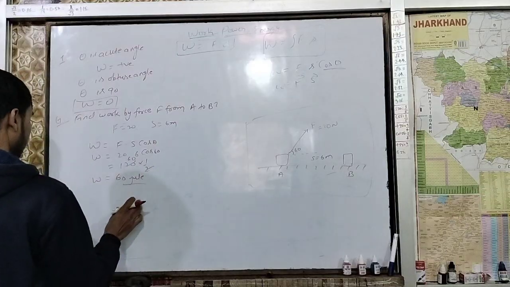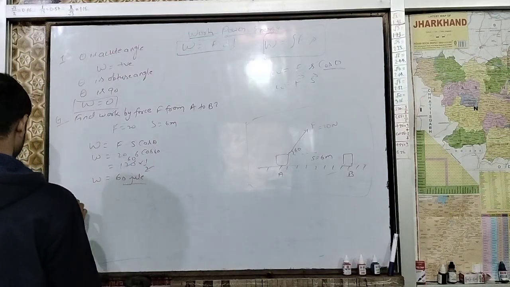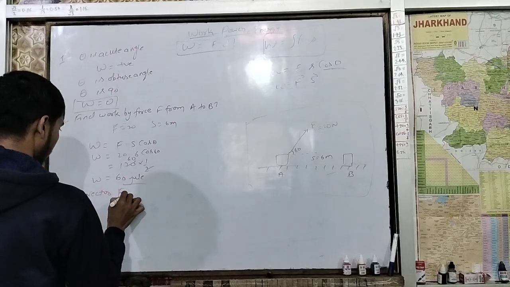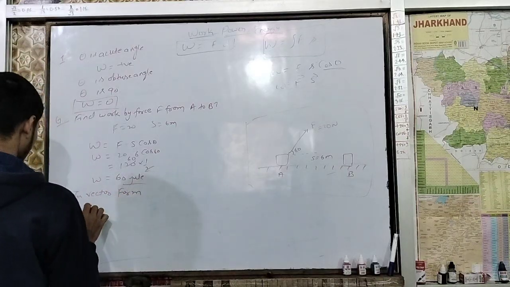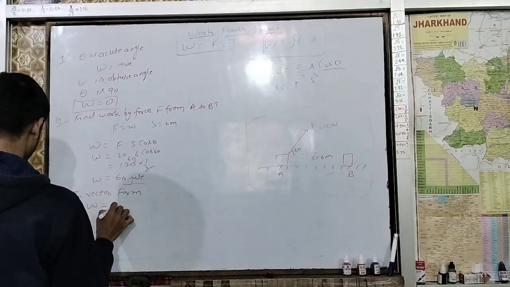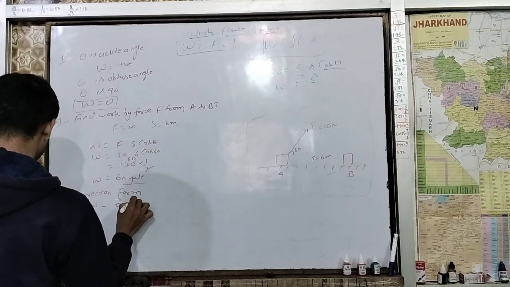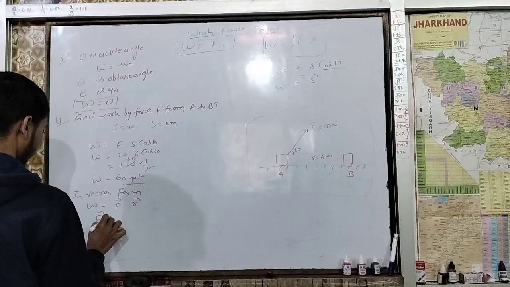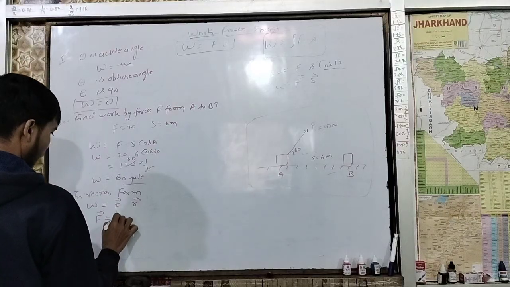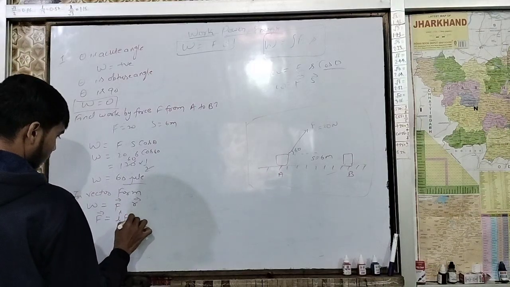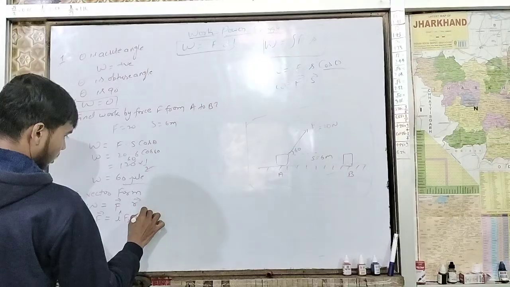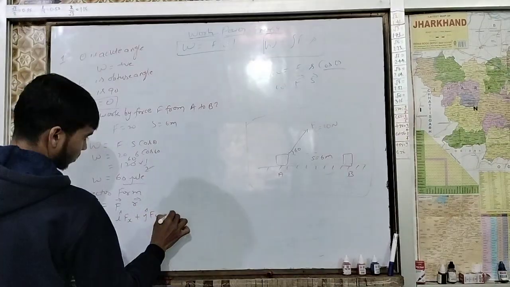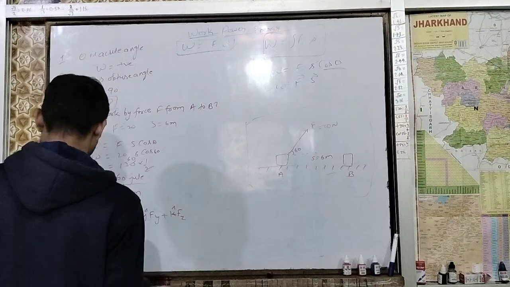How to write in vector form? So my answer would be in vector form. Here W will be equal to F vector dot R vector. F vector will be i cap Fx plus j cap Fy plus k cap Fz.